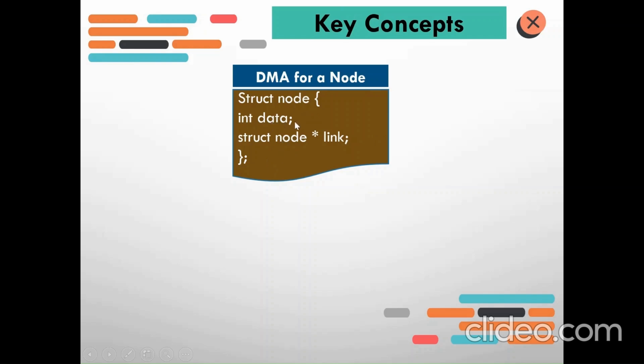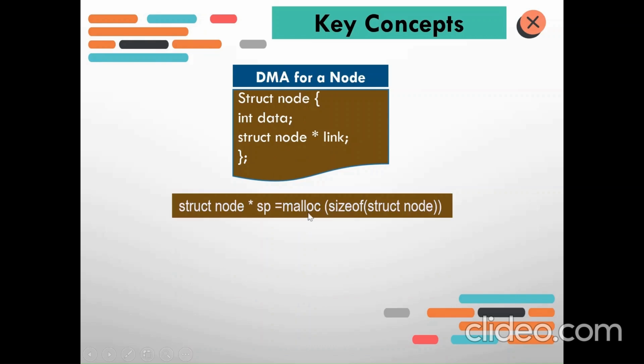The integer part is the data, and there is a pointer part. As you would be aware, any pointer variable takes 2 bytes to store. So 2 bytes for this and 2 bytes for this int. That would be the total size of this struct node. So if we write malloc with sizeof(struct node), what is the struct node size? 4 bytes, as we just discussed.